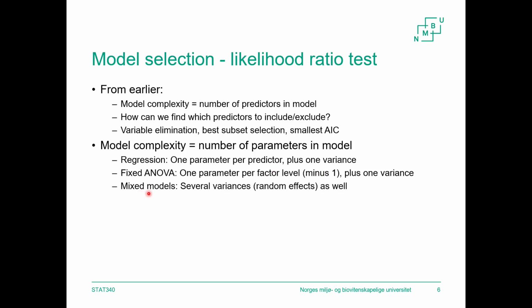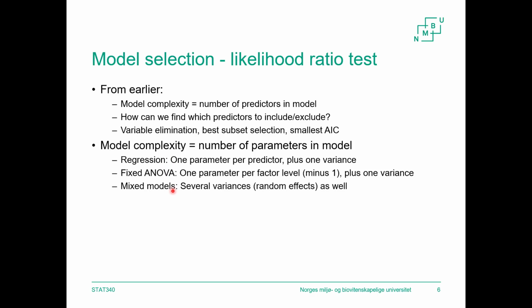For mixed models, however, we must also remember that we now have several variances. We have the fixed effects, whether they are regression coefficients or factor level parameters. But in addition, we also have several variances now, 2 or more. And they are also parameters, so they should be counted into the model complexity.